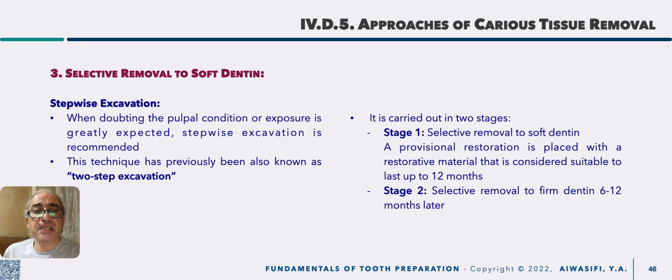Just ensure that you protect your pulp and isolate your dentine with a material that achieves a favorable environment for the pulp to heal and for your dentine to remineralize and repair, at the expense of providing a maximum proper seal.